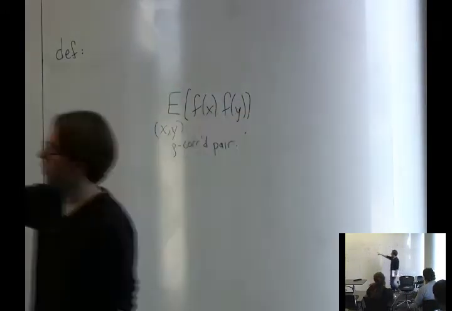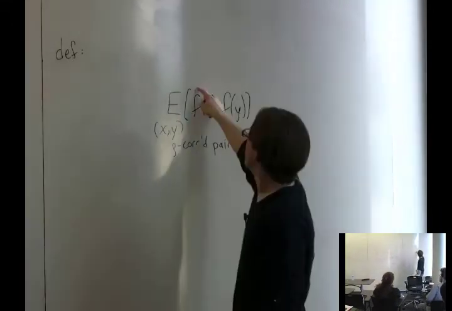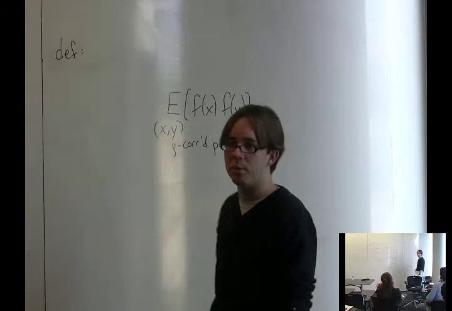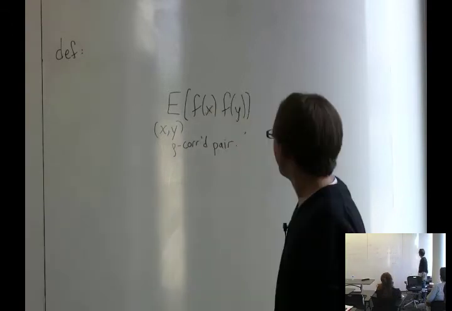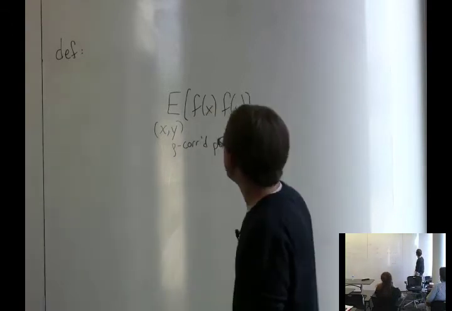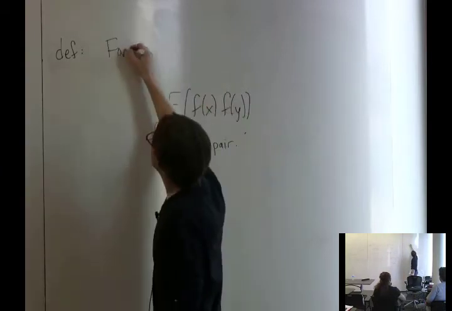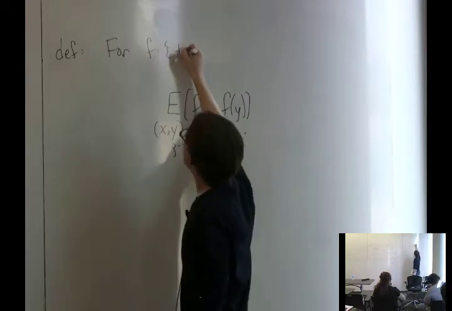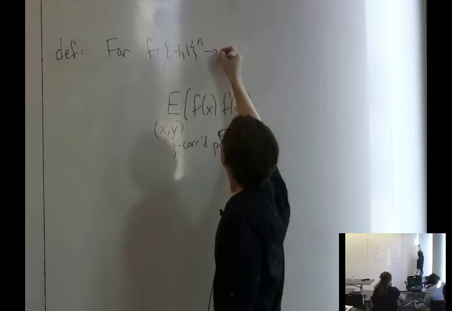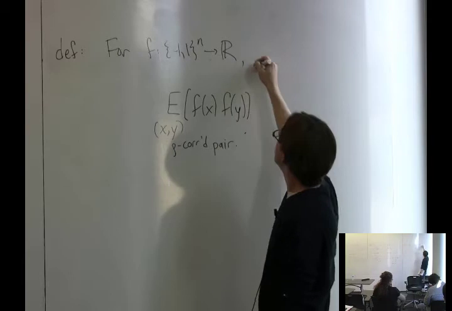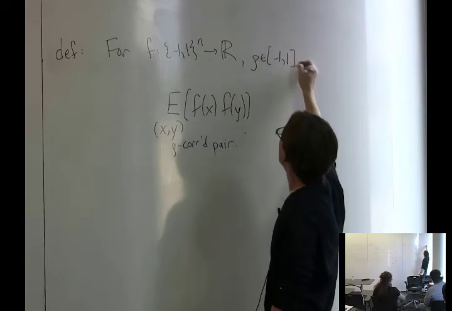In general, if f's range is plus or minus 1, then this is more or less computing what we want. It's 1 if the outcome has not changed, and it's minus 1 if the outcome has changed. But this is a nice definition in the case of general functions whose ranges are real. So this will be our definition, for rho between minus 1 and 1.